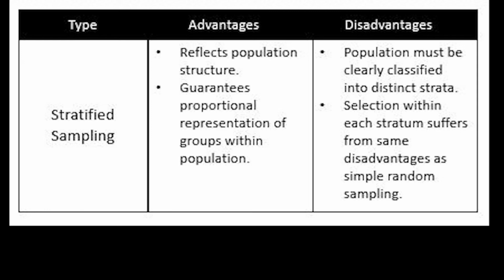Disadvantages: the population has to be clearly classified into distinct strata. Sometimes it might be hard to decide whether people belong to one group or another, and if there's overlap and it's not easy to determine exactly which strata they belong to, then stratified sampling might be a little more difficult to put in place. If we were thinking of the genre of movies that we were investigating, it might become difficult to place a particular movie into a particular genre, for the mere fact that some movies are 2 genres at once.